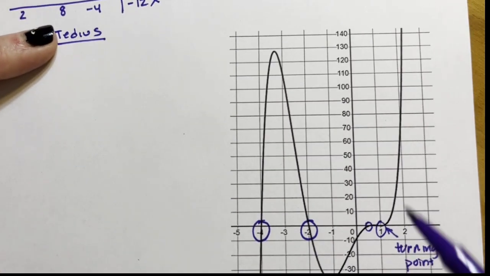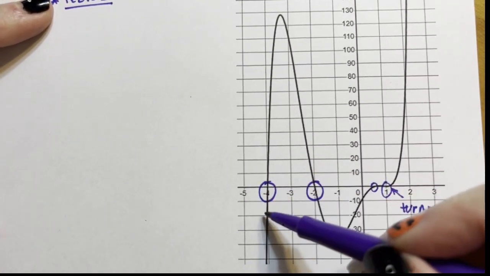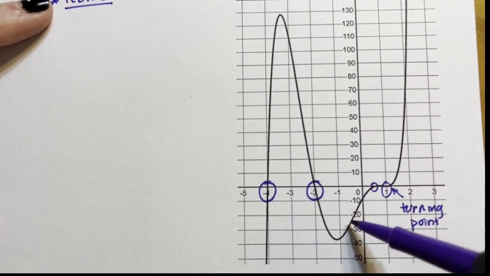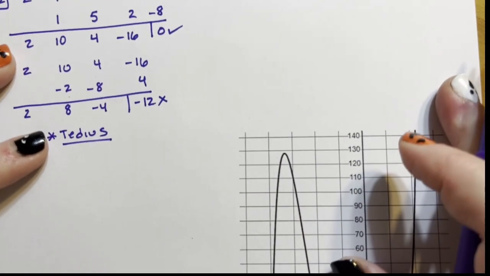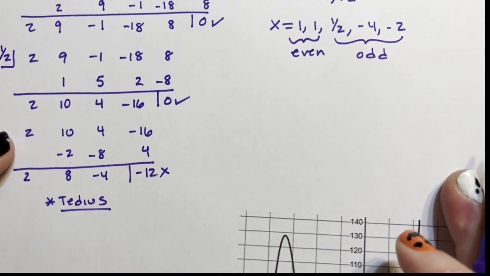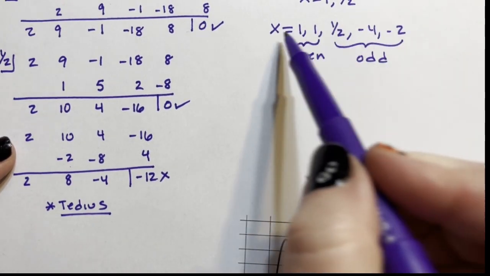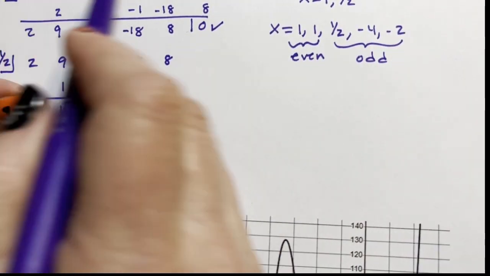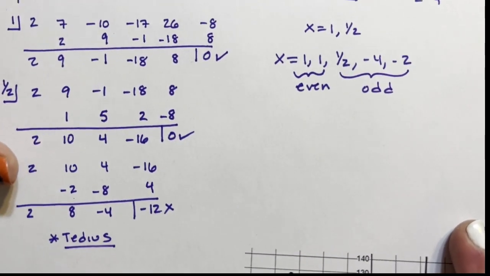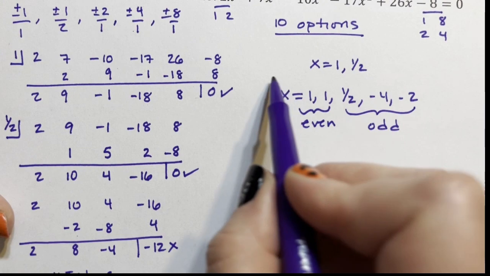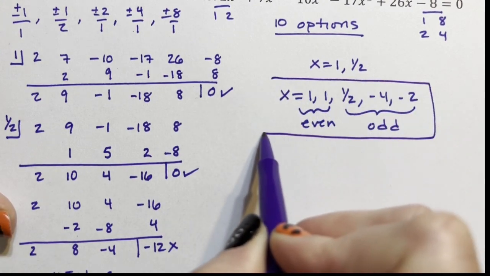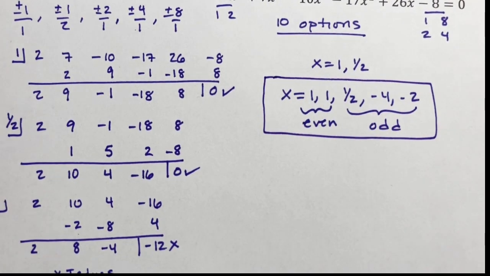Odd means we cross between positive and negative, but at 1 we stayed in positive. That's what an even 0 means. So all of these options were available in our list that we originally came up with, and these end up being our zeros.